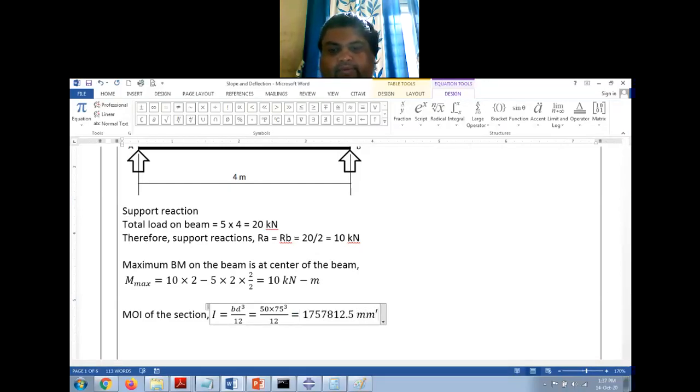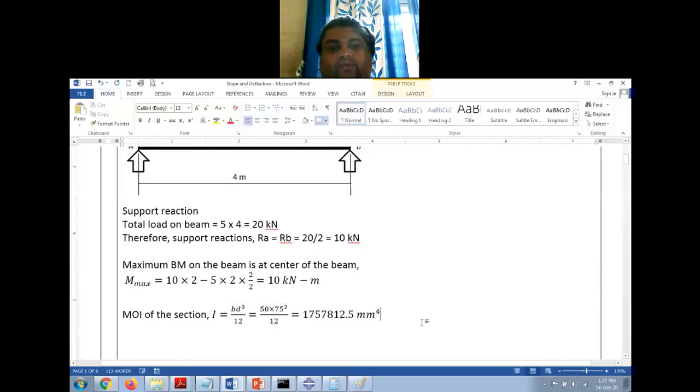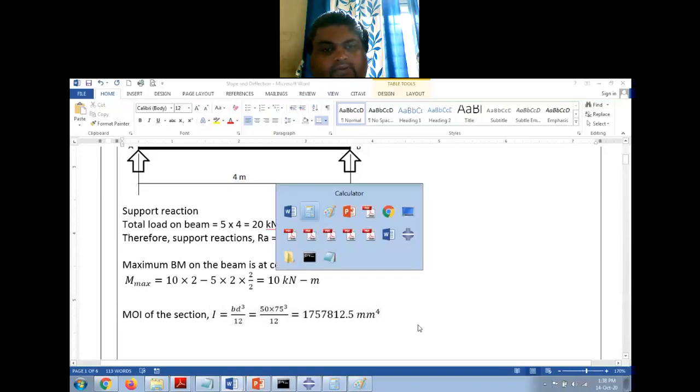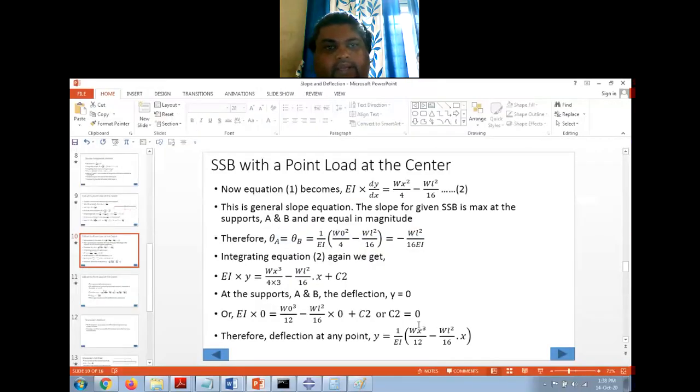This is mm raised to 4. Okay. Now please note, this is in kilonewton meter and this is in millimeter raised to 4, right? So we have to be careful when you are substituting the values in the equation. Now let us go to our slides.